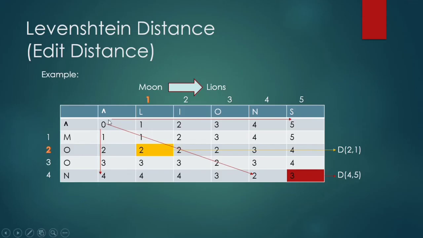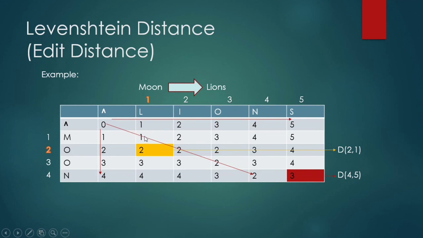For other cells, now for this one, D of 1 1, we have to perform 3 operations.